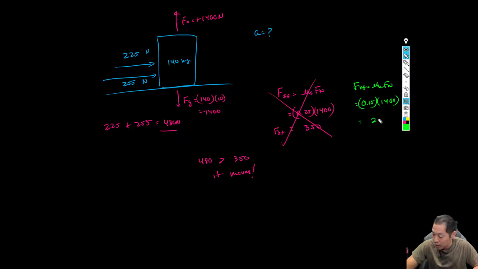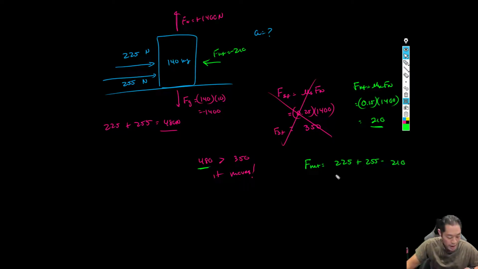So now you have 480 and 210, or you could just add them all up. This is force of kinetic friction, which is negative 210. So sum of all forces, or F net, is equal to 225 plus 255 minus 210. And when you do the math there, I'm going to cheat and look at my answer sheet.